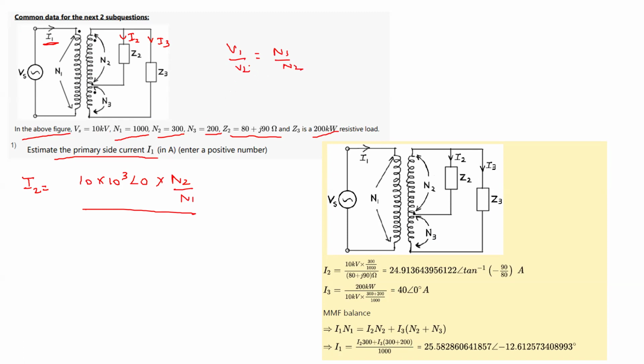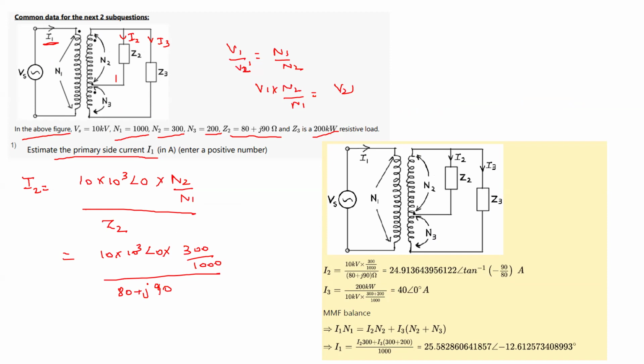Because I am transferring the V1 part and trying to see what component will come across as V2 dash, this will come out as V1 into N2 by N1. So this V1 into N2 by N1 is coming across the load Z2. What is N2 by N1? This is 300 by 1000, and divided by Z2, 80 plus j90.